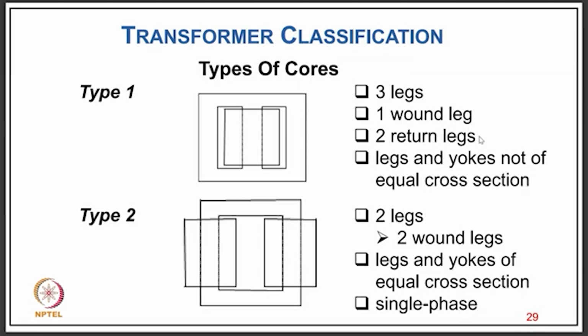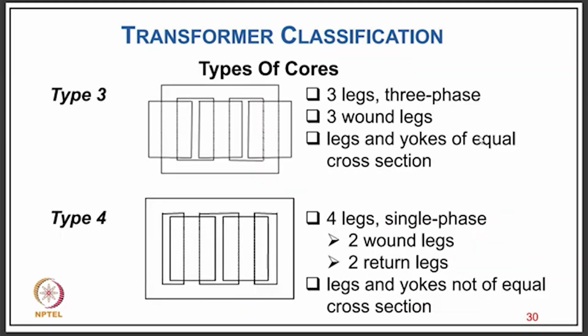Then you have another transformer with only 2 legs, which we call the core type of transformer for single phase, and you put windings, primary as well as secondary, on the limbs. The upper portion and lower portion we call the yoke.